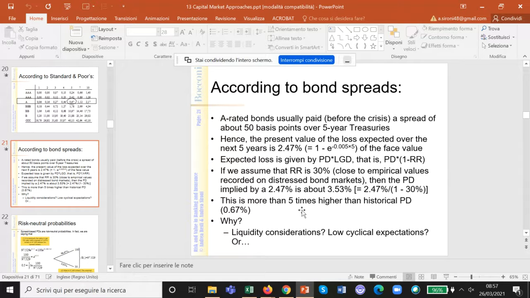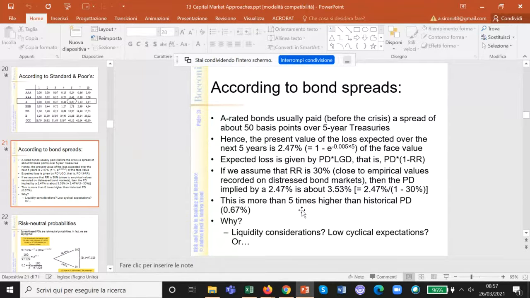Then we should actually take into account that there is an LGD, i.e. a positive recovery rate. And if we assume that the recovery rate is about 30%, which is close to the empirical values, then the implied PD would be a bit higher. Remember, when we start from the same spread and we assume that there is a positive recovery rate, then the implied PD is, other things equal, higher. And it would be 3.53%.